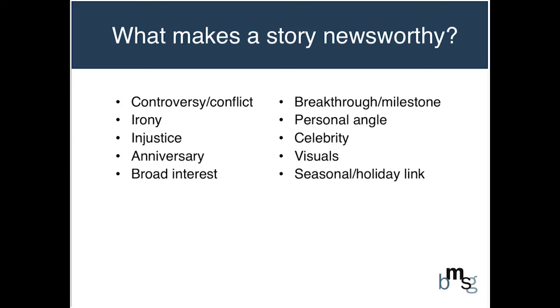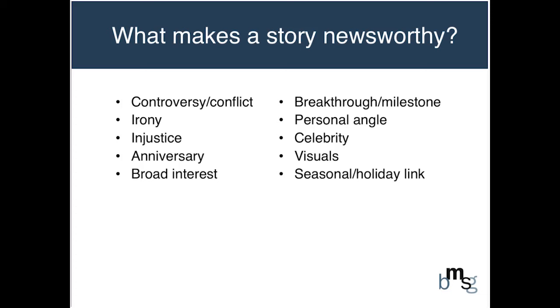We all know this. And then, another factor that journalists have to think about is, is there a visual component to this story? If there's a compelling visual, particularly for TV news, a compelling visual makes a story much more likely to be picked up and covered in the news.